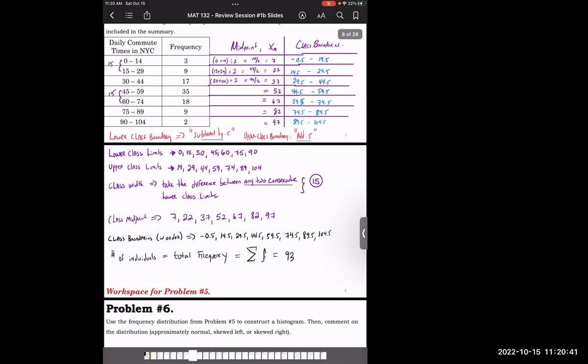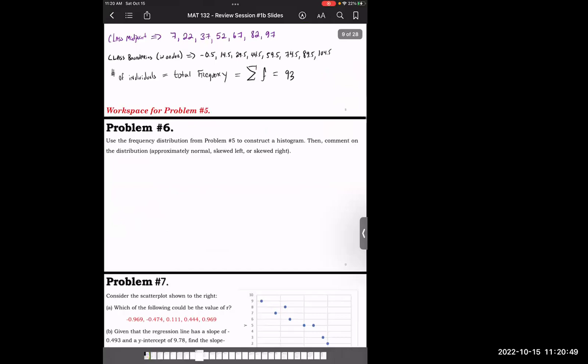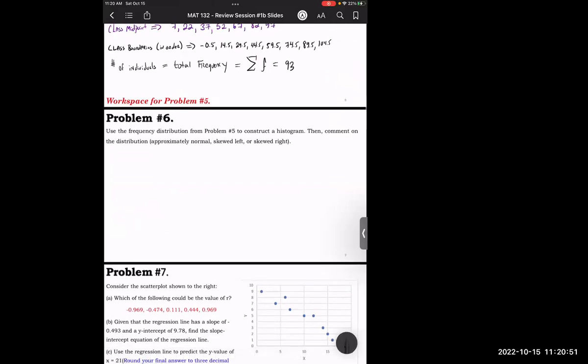So when you want to construct a histogram, the first thing that you do is you begin with a pair of axes. So we have one set of axes, one going vertically and the other going horizontally.